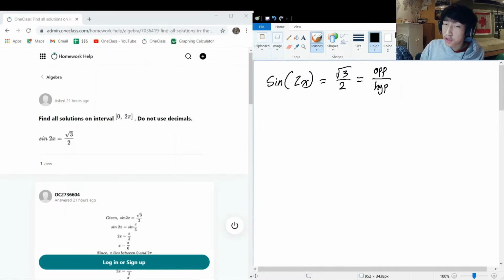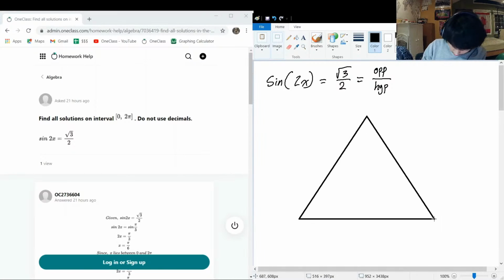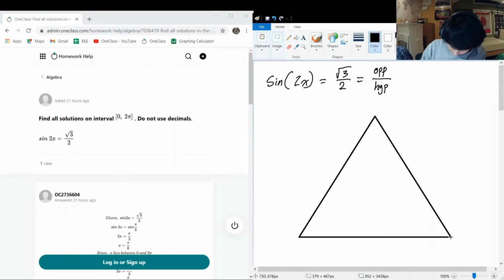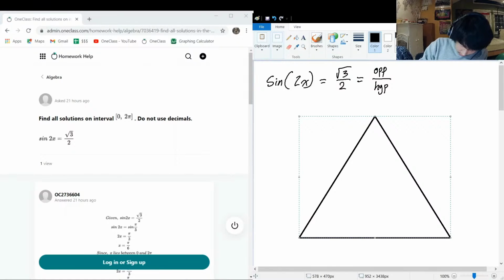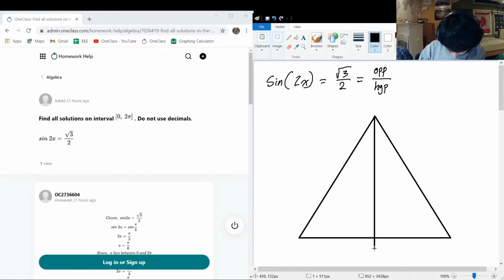And root 3 over 2 should hopefully ring some bells, but I'll draw some stuff out to make it more clear. Okay, so suppose we have a right angle triangle like this. Then suppose we have a vertical line going right down the middle, just like that.